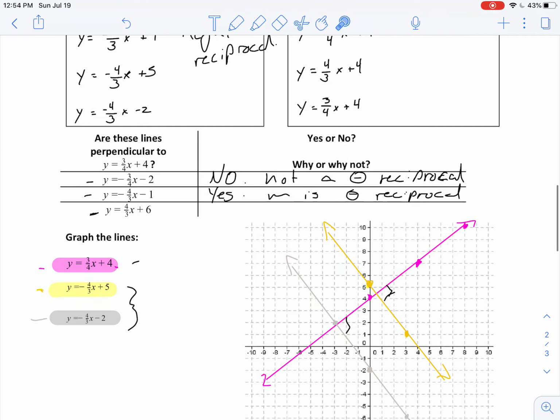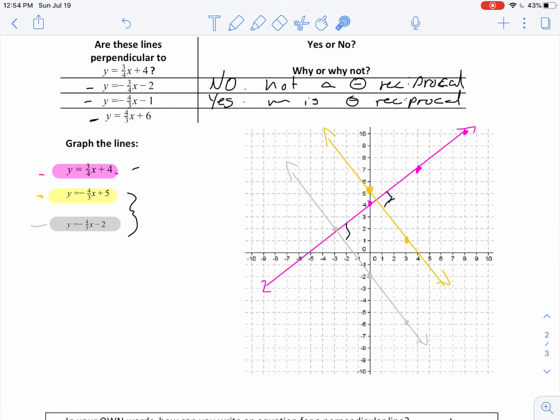And when we go ahead and graph these lines, the original line graphed, y equals 3 over 4x plus 4, is right here in pink. I know my y-intercept is 4. My slope is rise over run of up 3 over 4, and those are my plots. And my other two lines, y equals negative 4 over 3x plus 5. I start at 5.